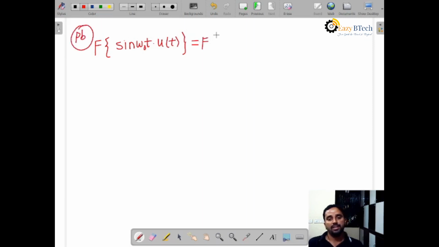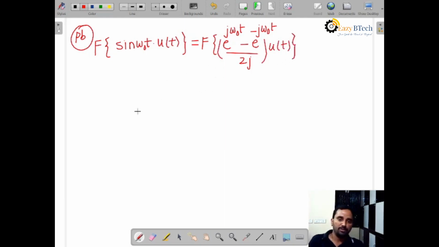So the sine function we can write as e power j omega naught t minus e power minus j omega naught t, divided by 2j. This is the sine function into u of t, right or not? So again we can do it separately, 1 by 2j we can write outside.